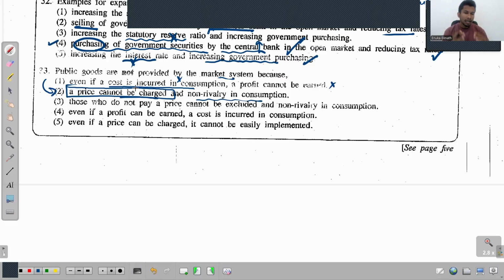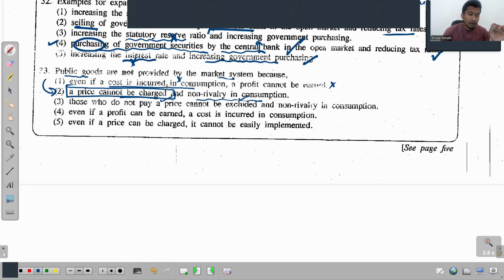Non-excludability is the theoretical concept, and as a result of having it, we can't charge the price. So that is also somewhat all right, no problem, right? As a result of having non-excludability, we can't charge a price, and also such goods are non-rivalry in consumption. So we can recognize these two to be some qualities related to public goods.